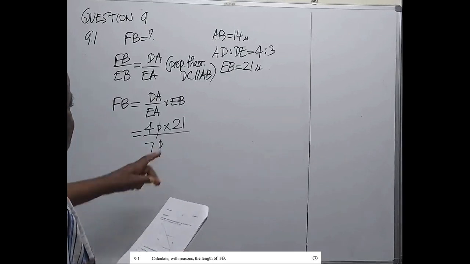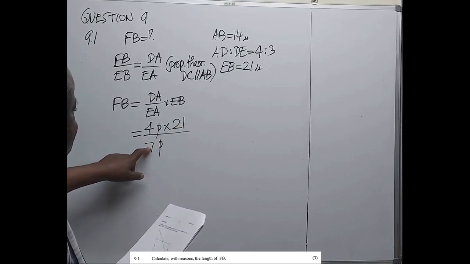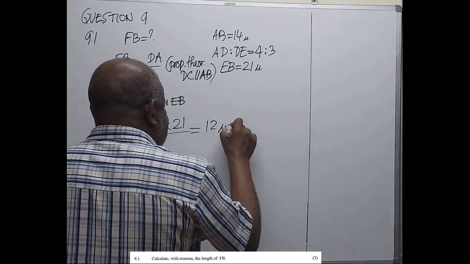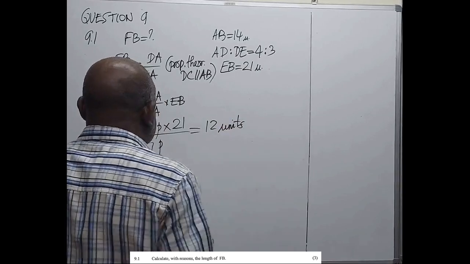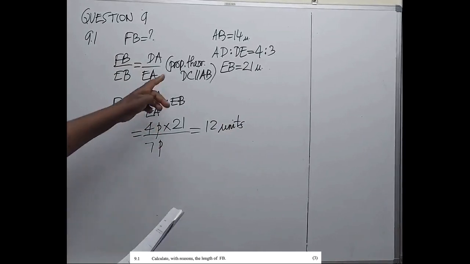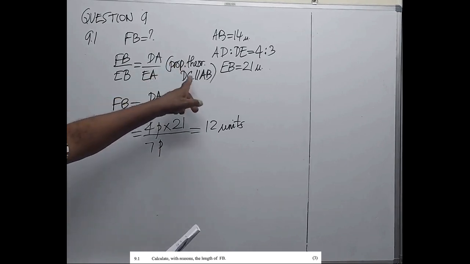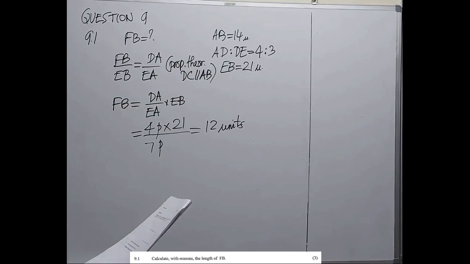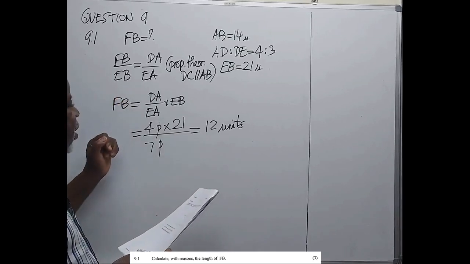So 21 divided by 7 is 3, times 4, and then FB will be equal to 12 units. This is the value of FB. This is the main reason, the proportionality theorem. DC, we can see, is parallel to AB. So this is the first question for 3 marks.